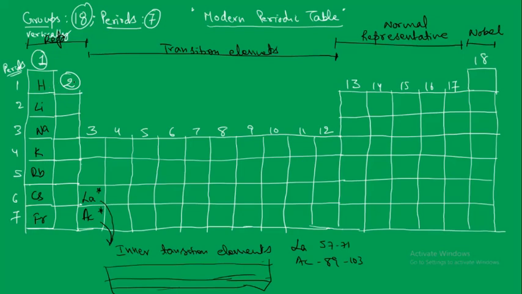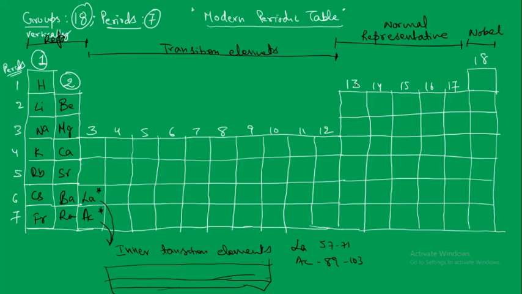Group 2 is beryllium, magnesium, calcium, strontium, barium, radium. It is important that we remember which group these elements belong to.